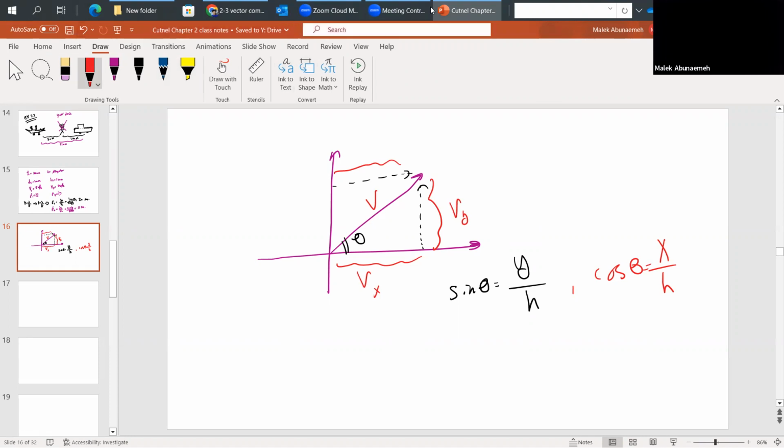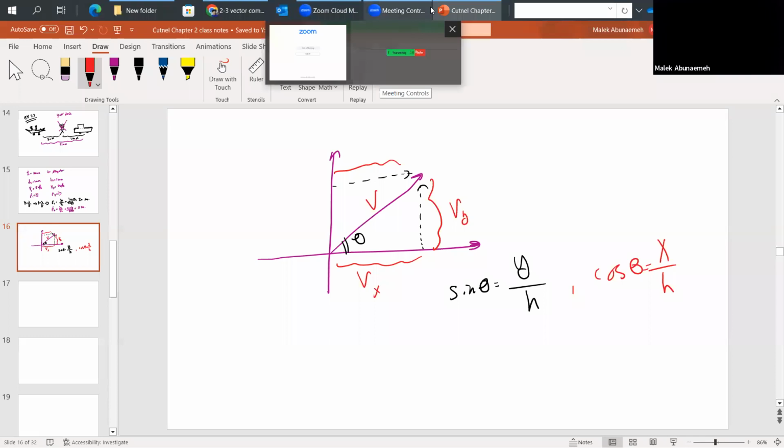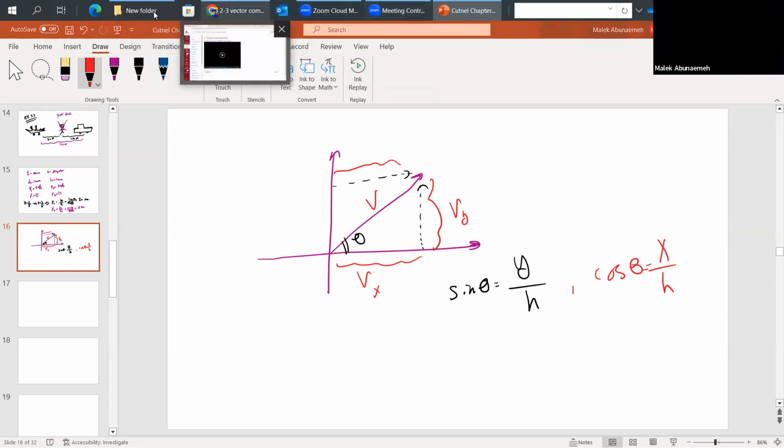Now, when you have two vectors, you add them head to tail. Let's go ahead and watch this video over here.